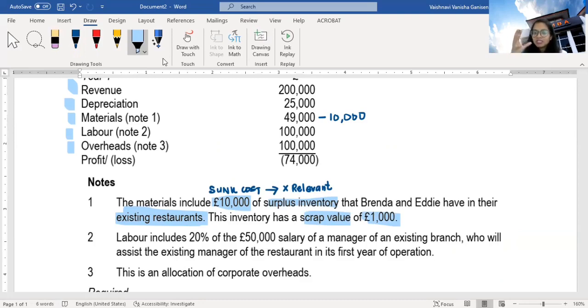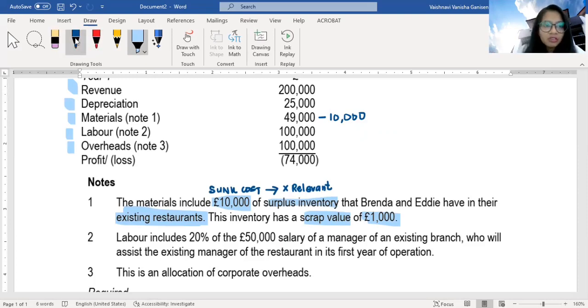Scrap value is what you will obtain when you sell your inventory in future. So it's a future cost, and because it's future, it is relevant.